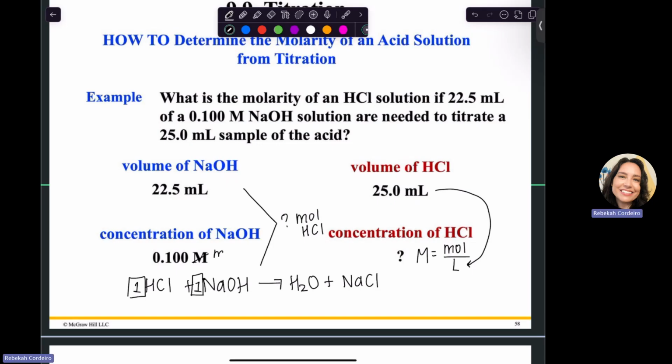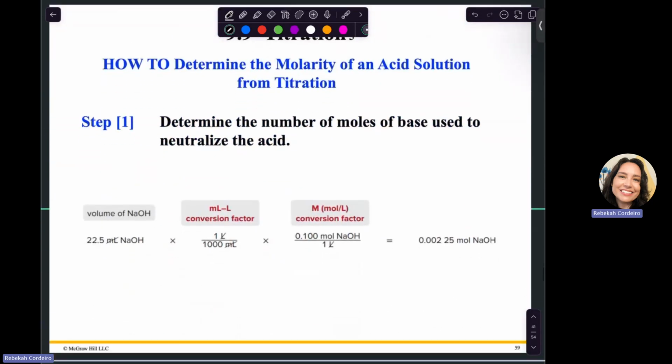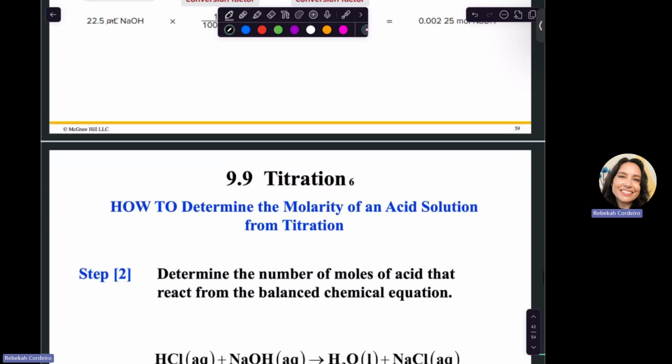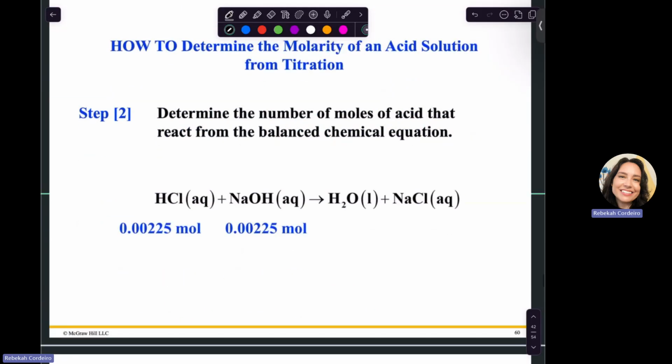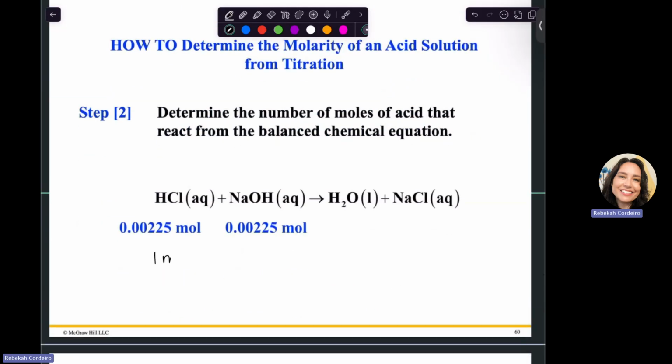And then remember that molarity is actually moles per liter, so we can use that as a conversion. Why don't you try this? I know it's kind of a lot, but you can try it, and let's see what you get. So working forward, if you've already tried it, they found the moles of our NaOH first by using the molarity and milliliter to liter conversion. Then we can say that the moles of HCl and the moles of NaOH are the same. I would actually use a mole-to-mole conversion here.